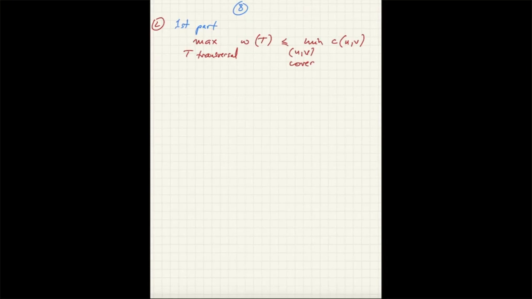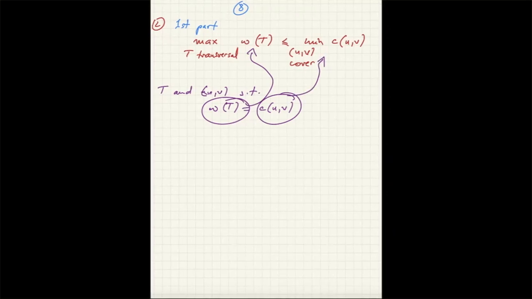So in the second part, say we have a T and a cover (u, v) such that the weight of T equals the cost of (u, v). Then that means that this weight of T must attain the maximum and this cost of (u, v) must attain the minimum. And here we must actually have equality.